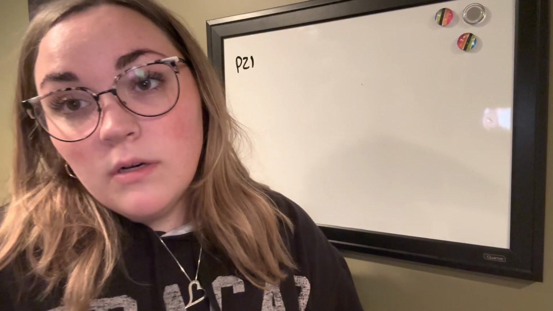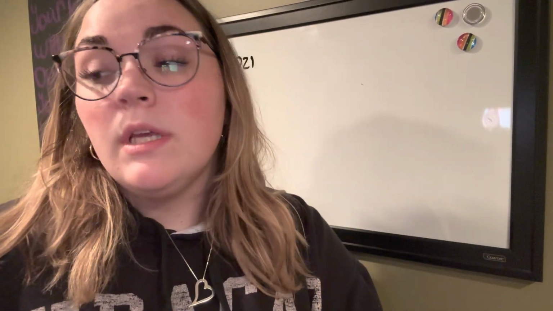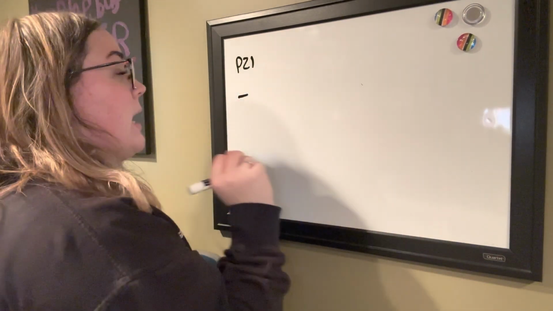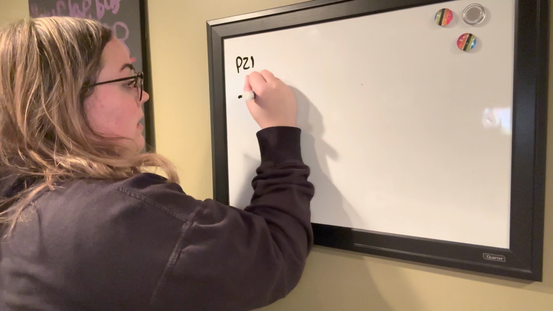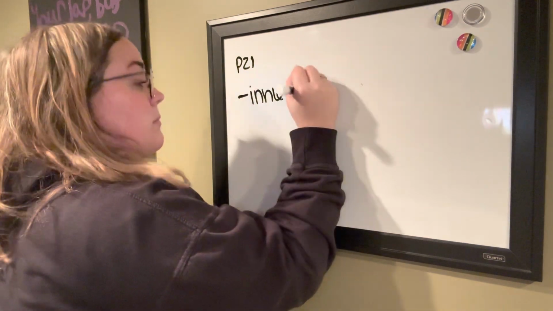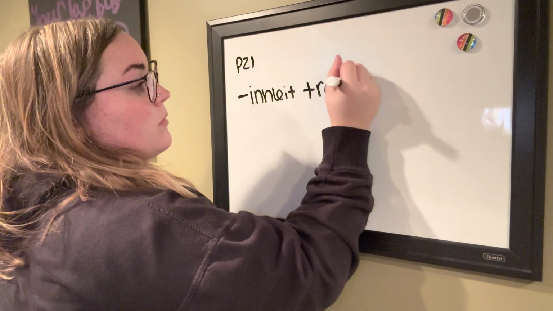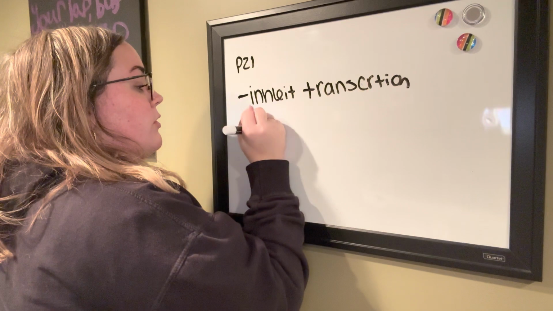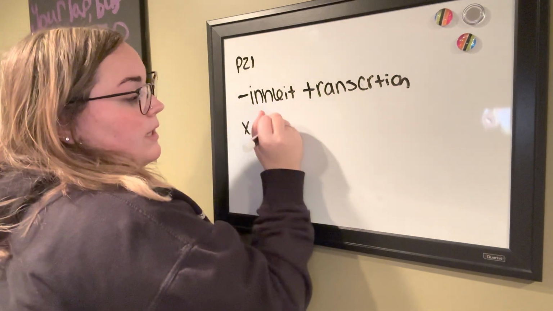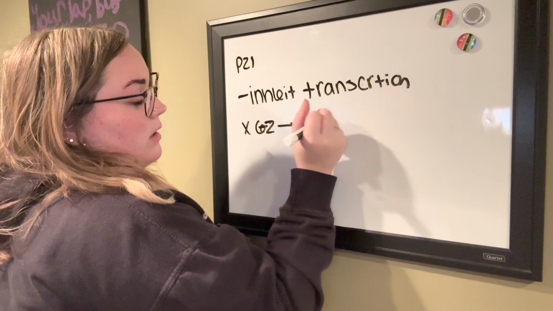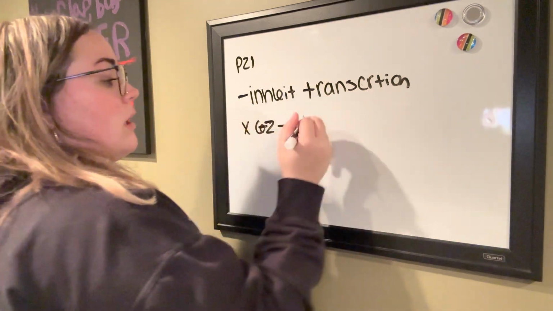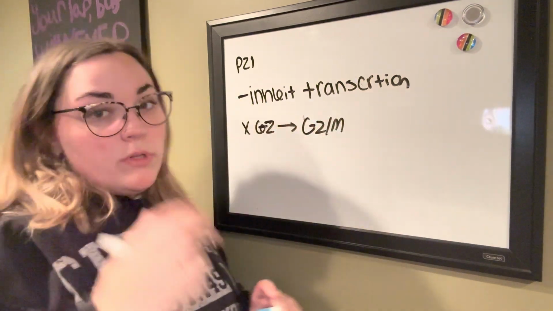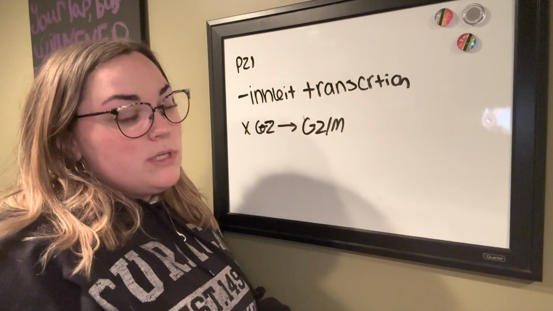P21 levels are going to increase, and what happens when AKT is always active is it's going to inhibit transcription, which is going to stop the cell cycle going into the G2/M phase. So it's gonna have issues with going into mitosis of the cell cycle.